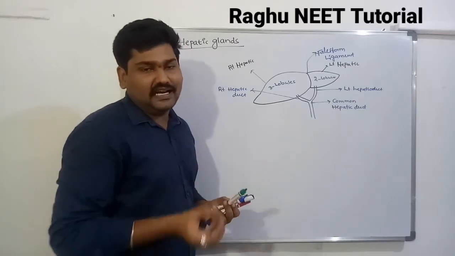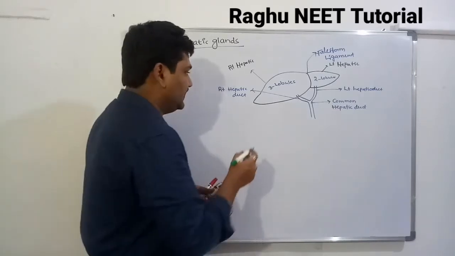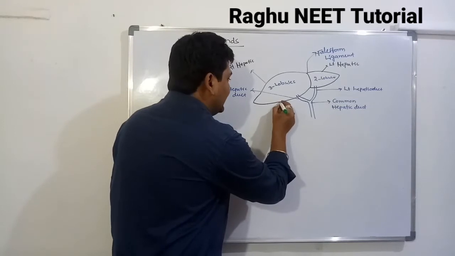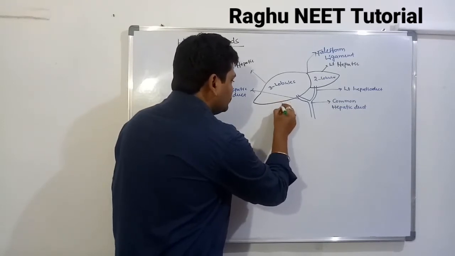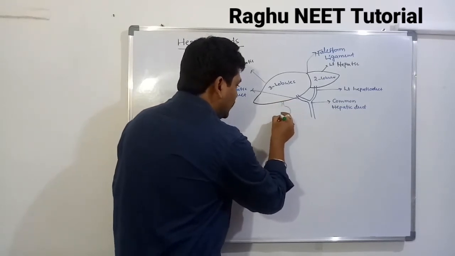Below the right hepatic lobe there is a greenish colored organ. It is called the gallbladder. The gallbladder is a bulb-like structure, greenish in color, located below the right hepatic lobe.